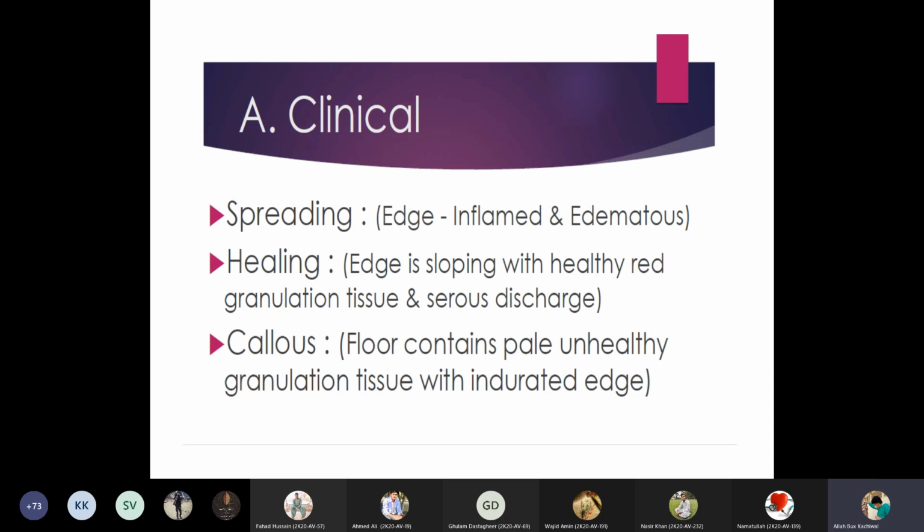One is the spreading ulcer, which has an inflamed, edematous edge. The healing ulcer has a sloping edge with healthy granulation tissue and serous discharge, whereas the callus ulcer floor contains pale, unhealthy granulation tissue with an indurated edge.